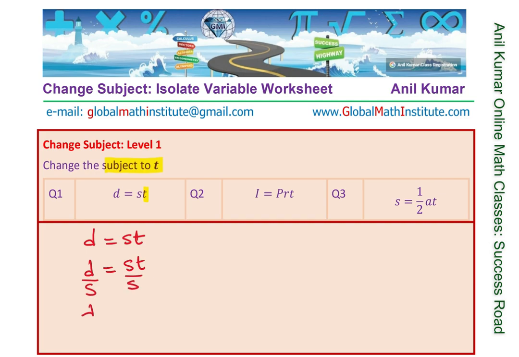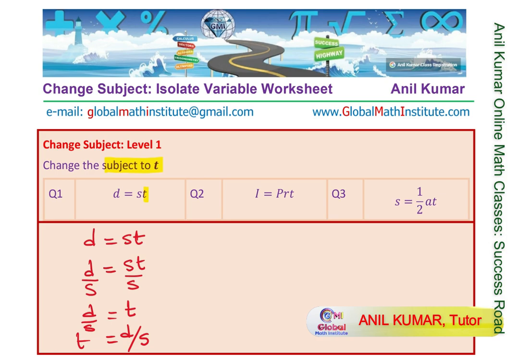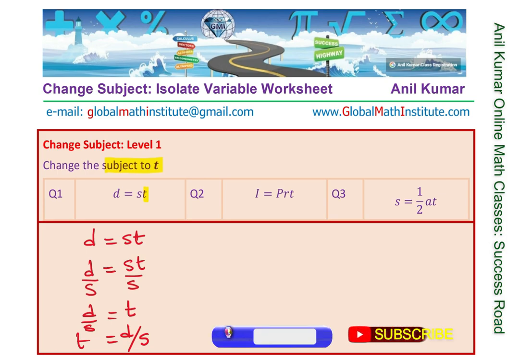Once we do that, we get d over s equal to t. You get the idea. So now we have made t the subject, so we can write t equals d over s. That is the meaning of change the subject to t. I hope the concept is clear. It was multiplication, and the reverse operation of division was performed.